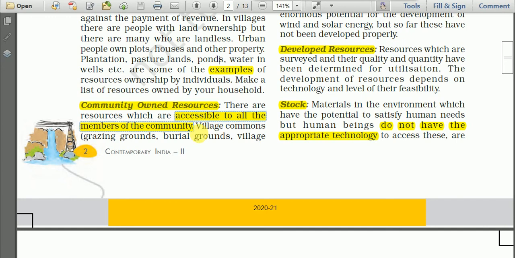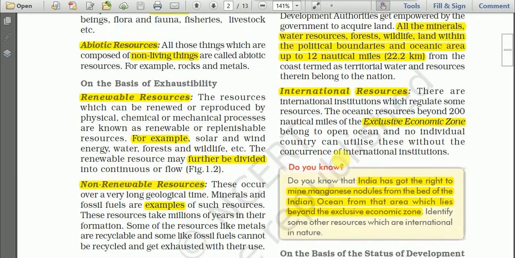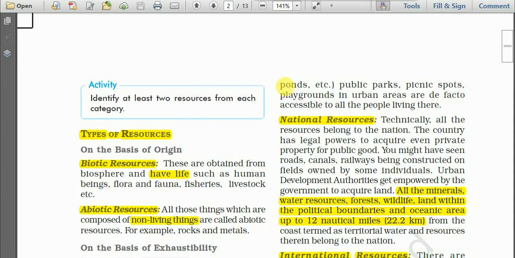For example, village commons like village grazing grounds, village burial grounds, village ponds, village wells. Public parks, picnic spots, and playgrounds in urban areas are de facto accessible to all people living there, and hence these are examples of community owned resources.